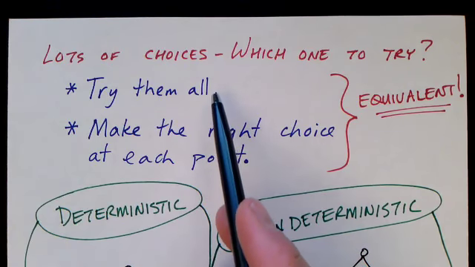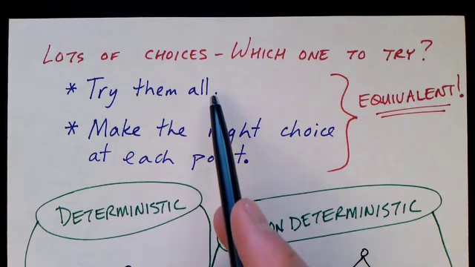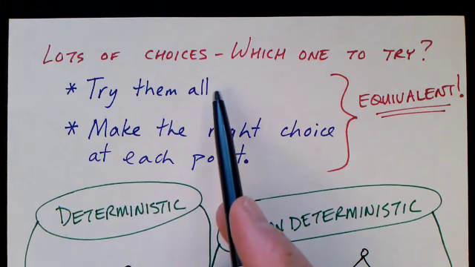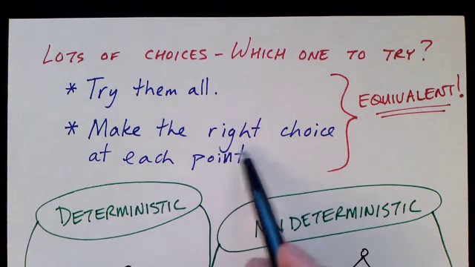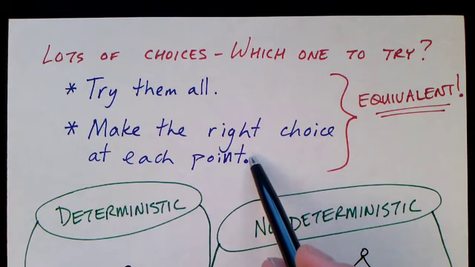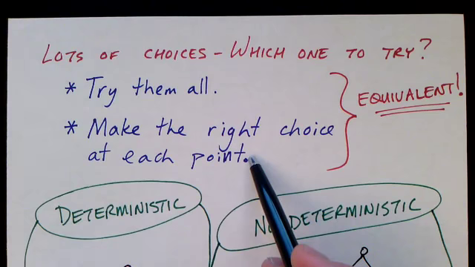And one thing we could do is just try them all, systematically try all possible combinations. Might be a little bit tricky to keep track of everything, but we could, in theory, try all possible combinations. Or another way to look at it is we could just guess the right choice at each point. Now, we're humans and we have additional intelligence beyond what a finite state machine has, so we can maybe use that intelligence to make the right choice based on other information, our ability to look ahead in the string and reason about the string.